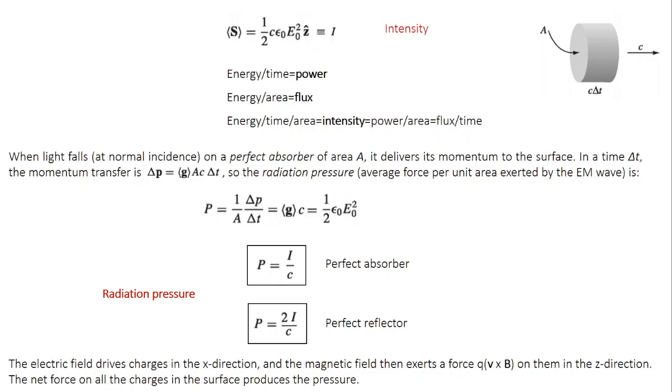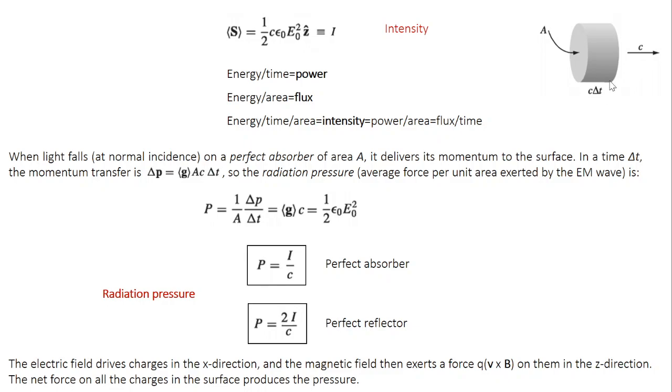So as I said, an electromagnetic wave not only carries energy but momentum as well, which means when the wave travels through a medium, it's going to exchange momentum with the material. So if you take the previous geometry, you have a cylindrical material of cross-sectional area A. Light with velocity c is going to travel through this medium in time delta t.